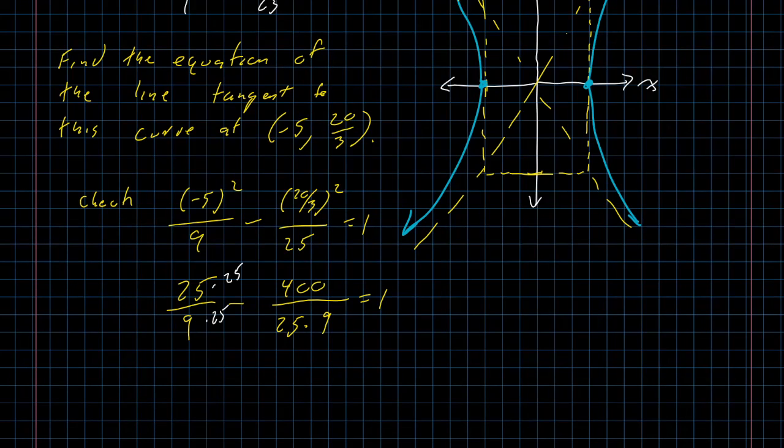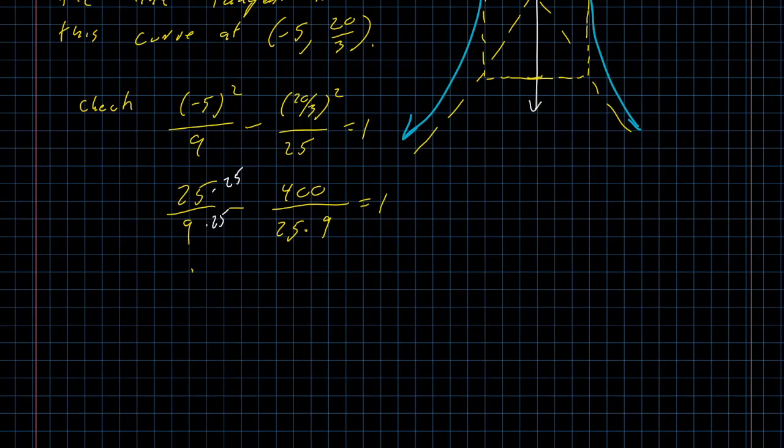And 25 times 25 is 625. 25 times 8 is 200. So 25 times 9 is going to be 225. What do you know? 625 minus 200 is 225.